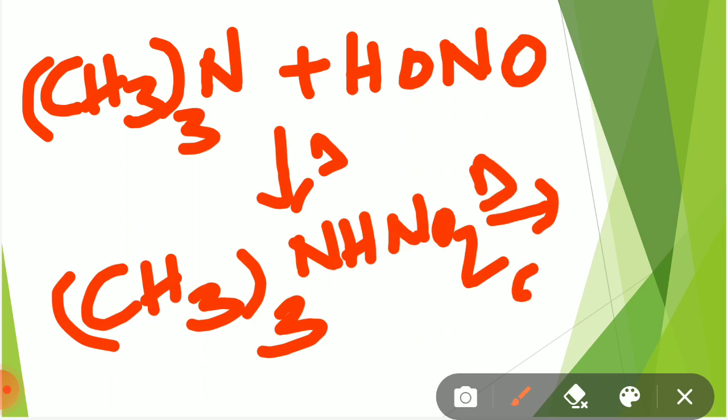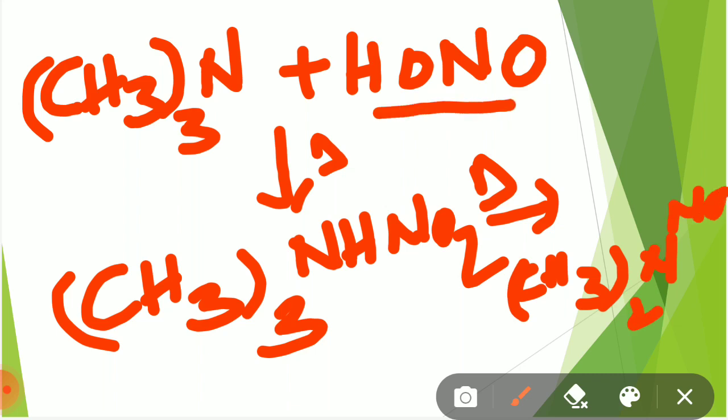Next, tertiary amine. (CH3)3N, a tertiary amine, reacts with nitrous acid on heating and is converted to (CH3)3NH NO2.